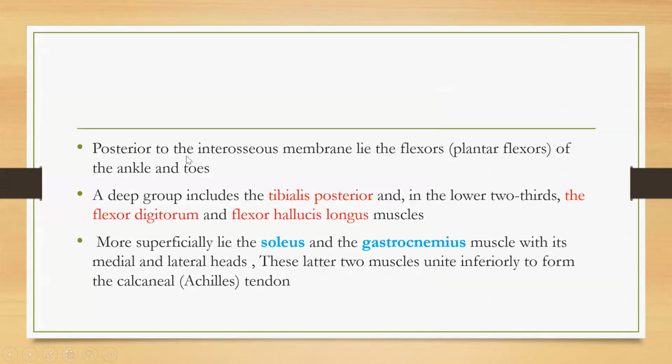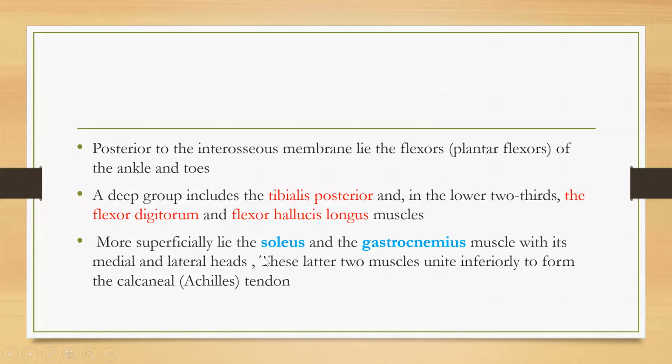Posterior to the interosseous membrane lie the flexors of the ankle and the toes. The posterior compartment is divided into a deep group, which includes the tibialis posterior, and in the lower third, the flexor digitorum longus and the flexor hallucis longus.